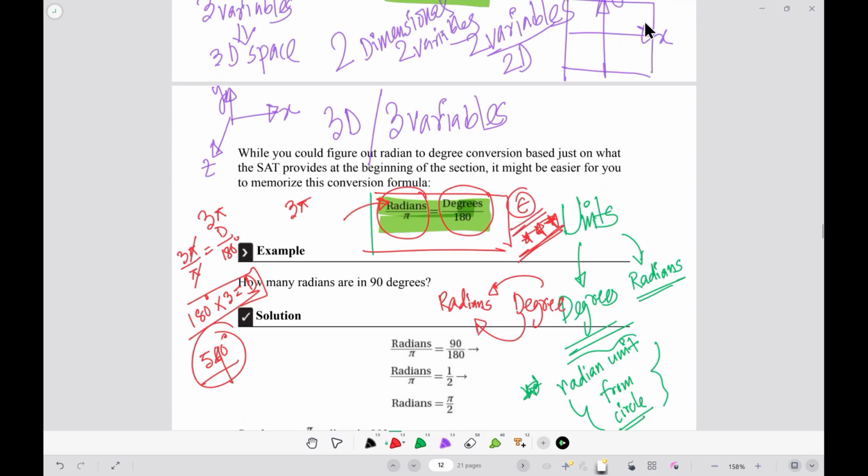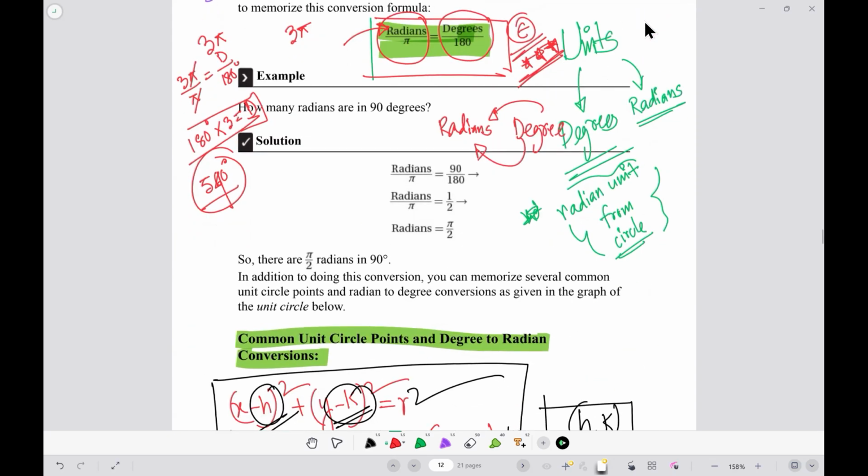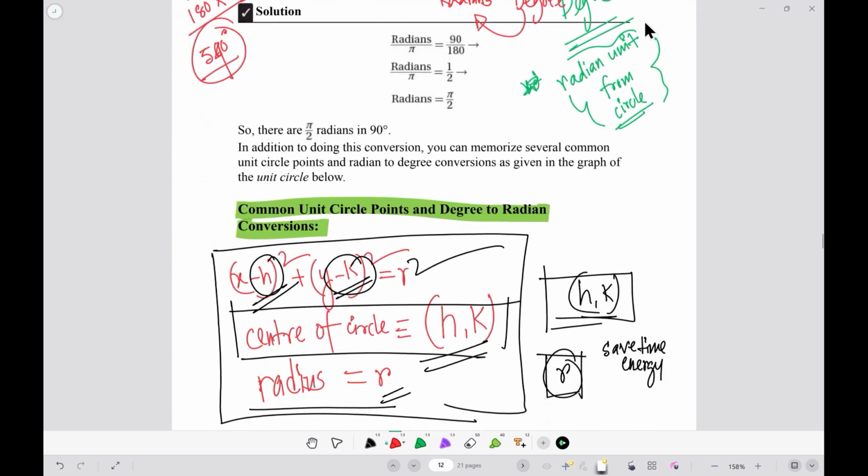But the thing that I was going to tell you, and maybe it's important for you, is that sine 45 degree has a meaning, and sine 45 radian also has a meaning.